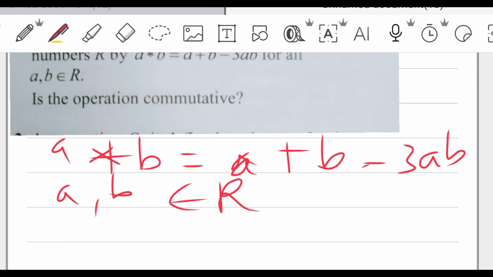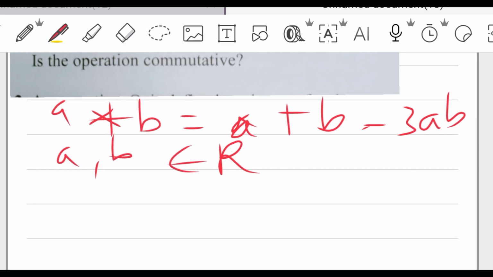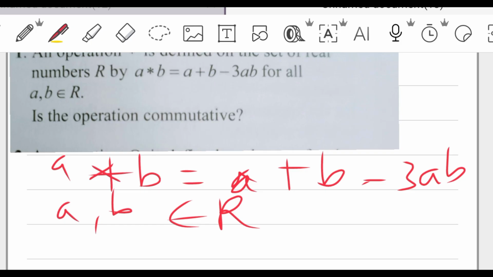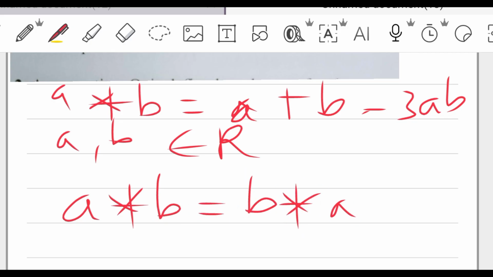If you remember our basic algebra, we are told that for an operation to be commutative, then the left hand side should be equal to the right hand side. For example, if this operation is commutative, then A operation B should be equal to B operation A, right? Good.